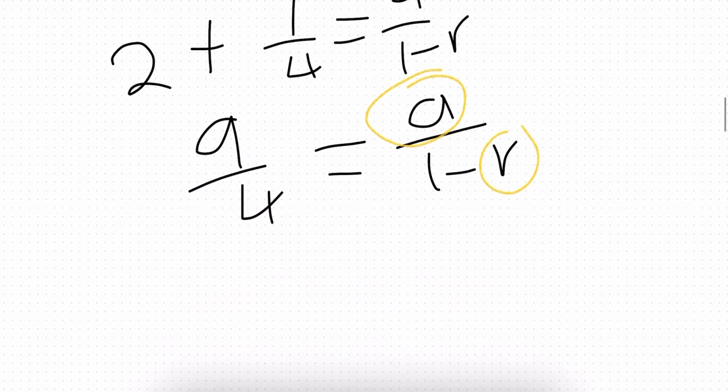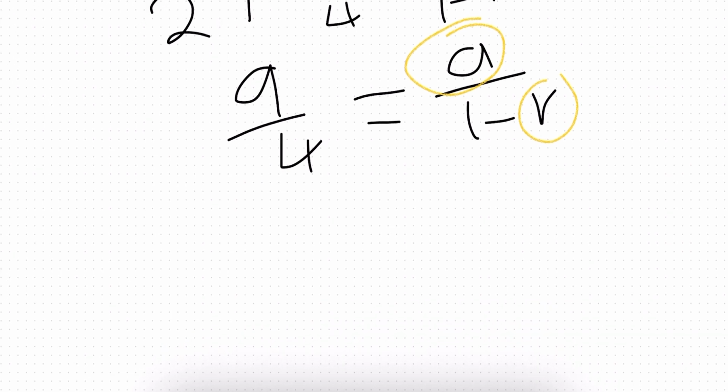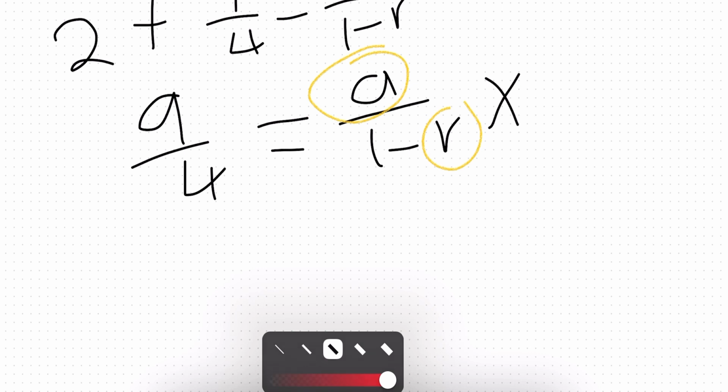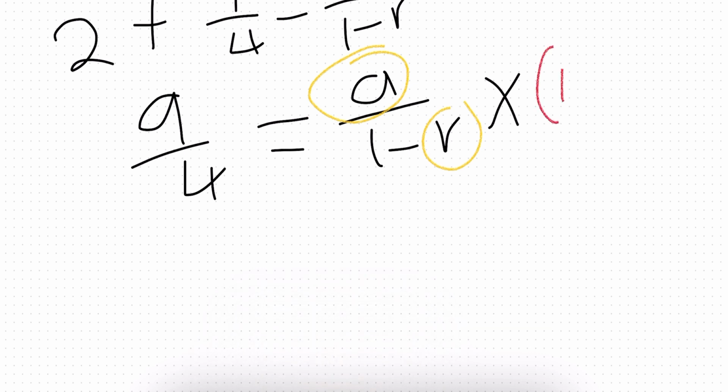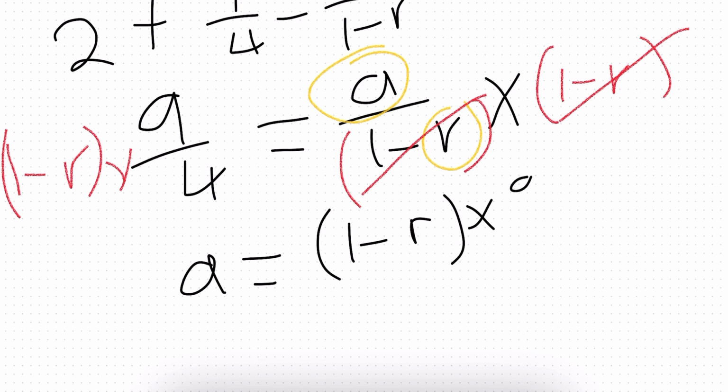We just multiply by 1 minus r on both sides. Then this will cancel with this, right? Then your final equation will be a is equal to 1 minus r times 9 over 4.